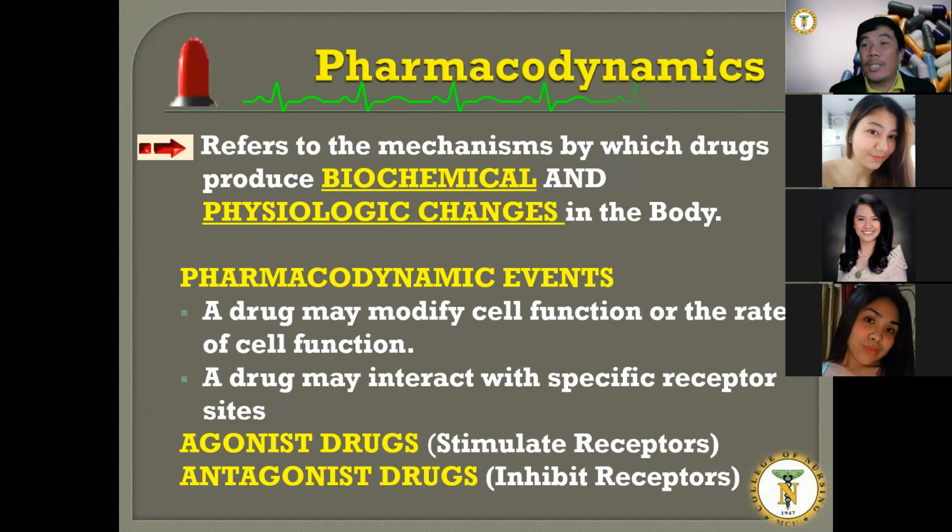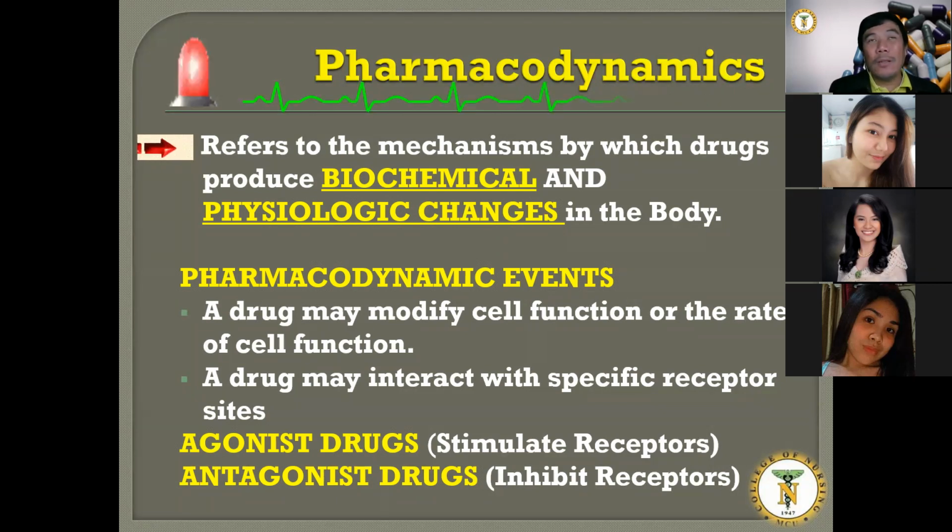Somehow you may encounter these terms, agonist and antagonist. Even in movies, when you encounter antagonists, these are the ones that will control the success of the bida. These are the ones that will definitely contradict the intention of the bida in the movie. Kaya that's why ito yung mga kontra, ito yung mga nega, so antagonist.